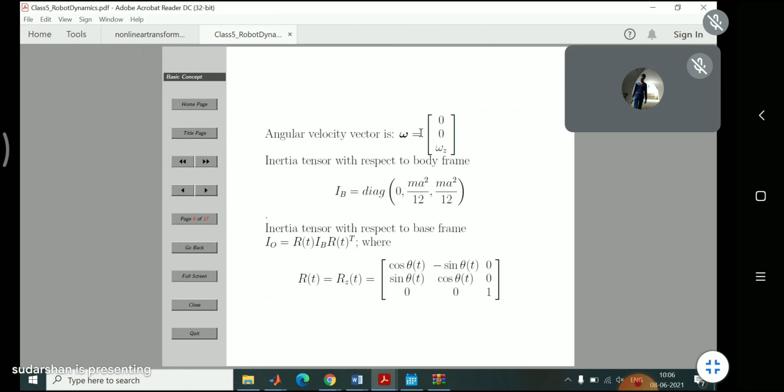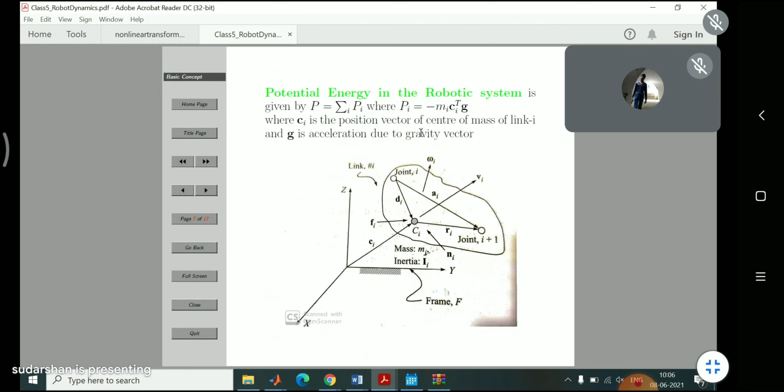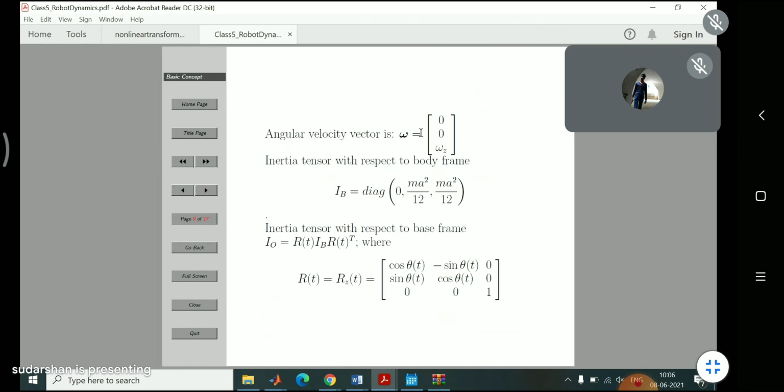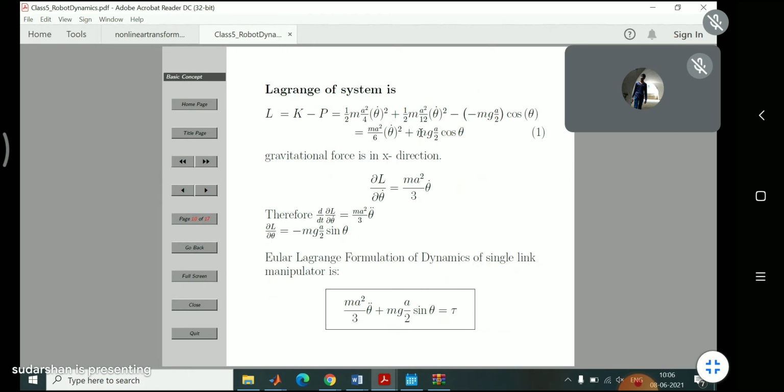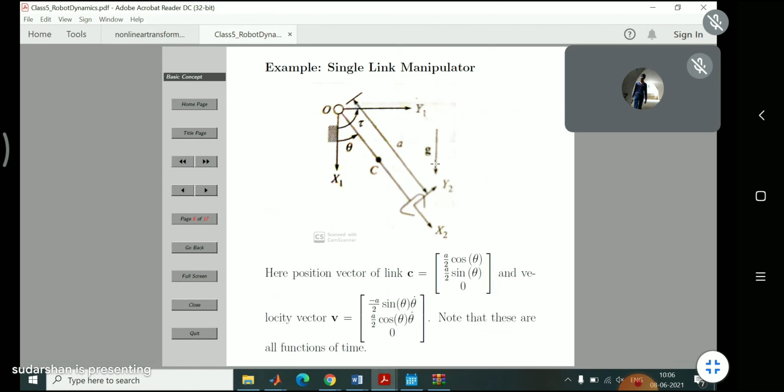And the potential energy is m into C transpose G. So again, C transpose G. As per the diagram, the gravitational vector is pointing downwards, that is along the x axis.